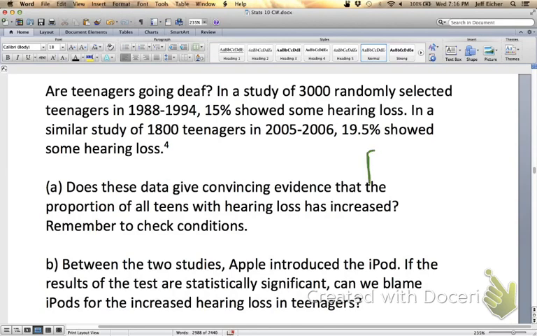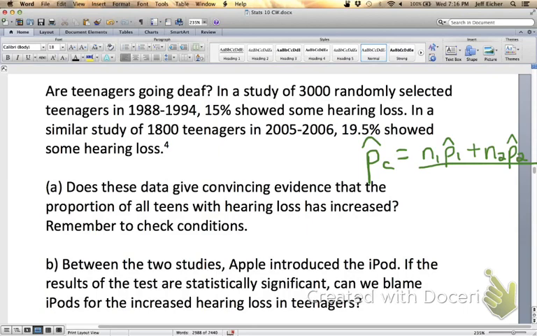The combined proportion is N1 p-hat 1, that's the number of successes in the first sample, plus N2 p-hat 2, that's the number of successes in the second sample.